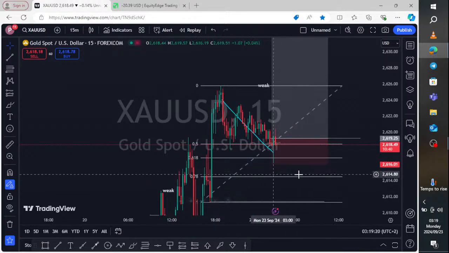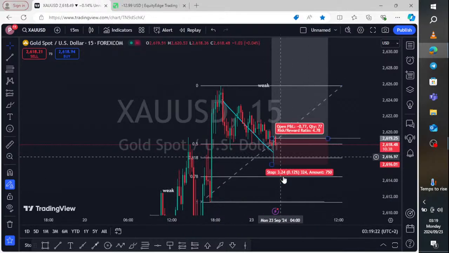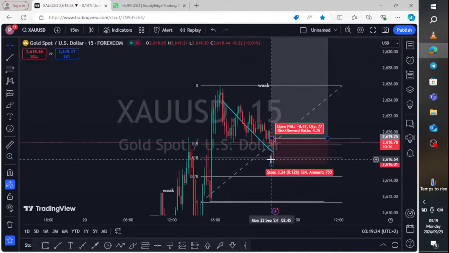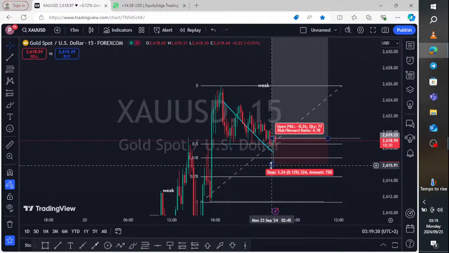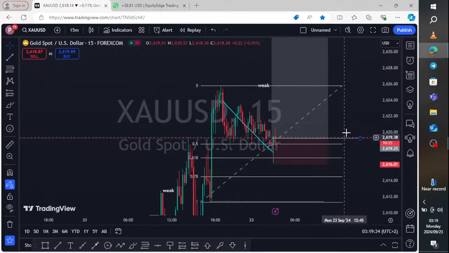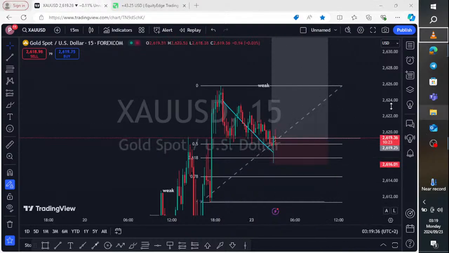Rather, just say that if price goes below this current low, it would mean that price is not actually pushing to the upside. But because of that, we're just taking this as a continuation to the upside.